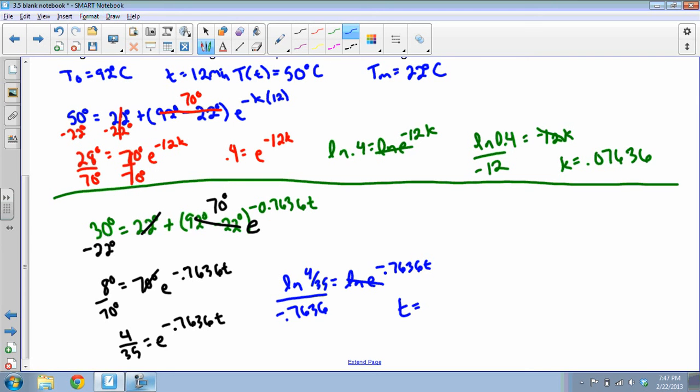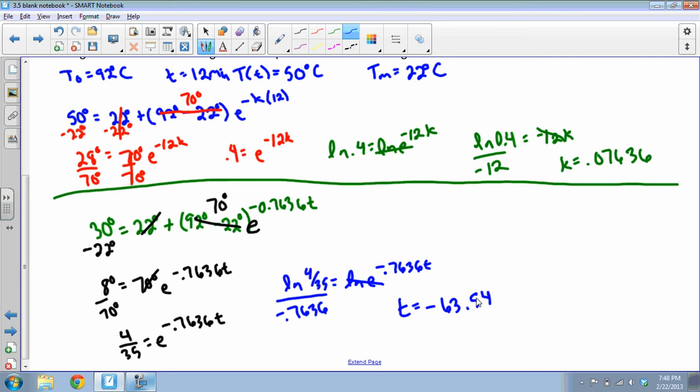So natural log of 4 divided by 35 divided by negative 0.7636 gives me a negative number, negative 63.54, which seems a little bit weird that it would give me a negative number. But I'm going to go with it for now.